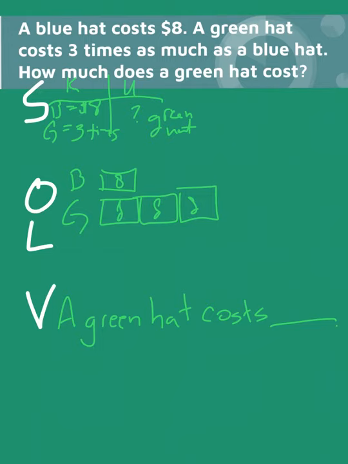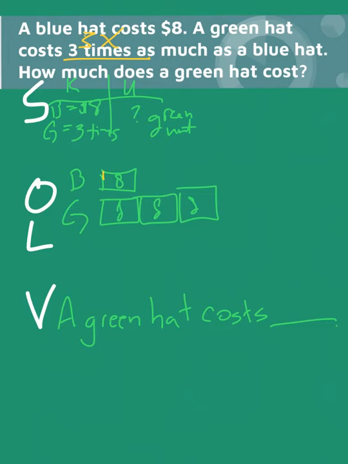But I just want to show you just a small, tiny little trick that might help you out. As soon as I would always teach my students, a green hat costs 3 times as much. As soon as you saw that, they're telling you 3 times. 3 times as much. So you take your original quantity, 8, and it's 3 times as much. This is called a multiplicative comparison, or a multiplicative comparative problem.